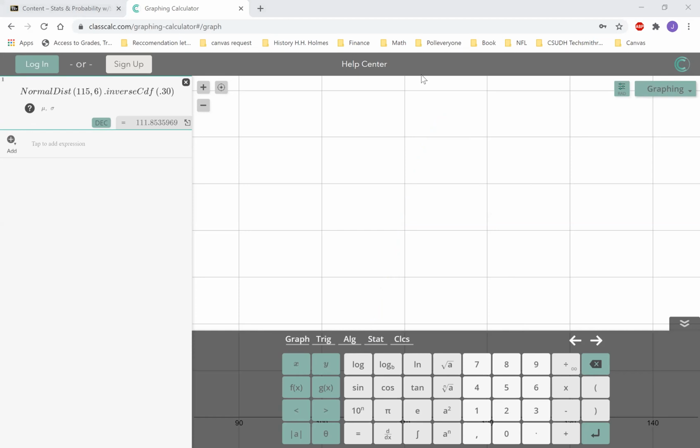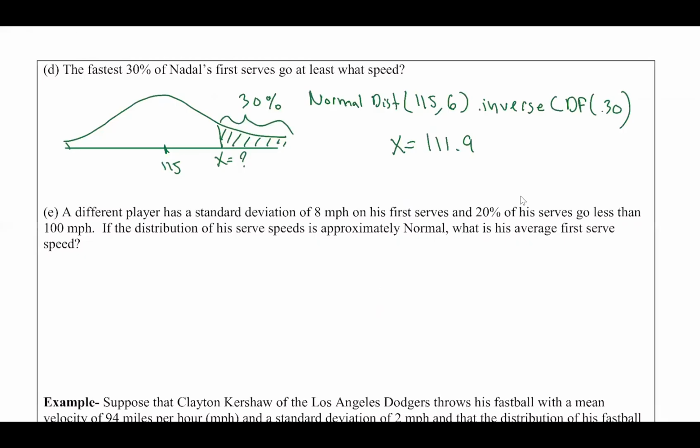So let's go back to my notes. All right, so look at that X value. Does that X value look right? Nope.